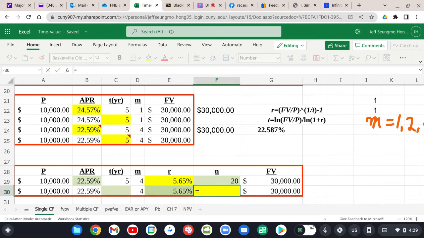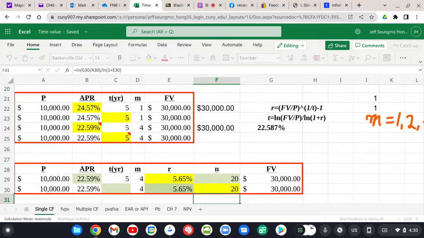Now we're going to find the natural log of FV over P divided by the natural log of 1 plus R. We used the quarterly rate, so it will give us quarters. How many? 20 quarters.